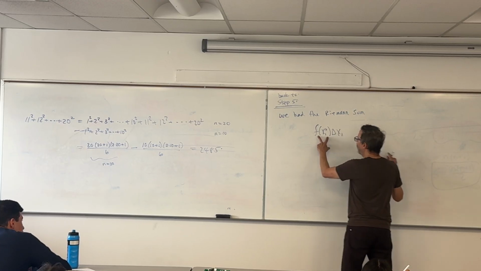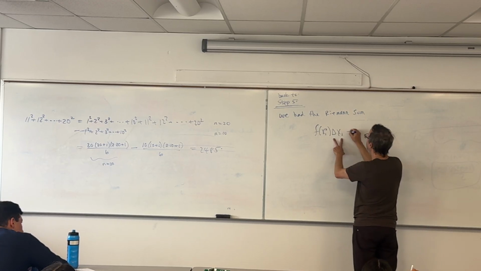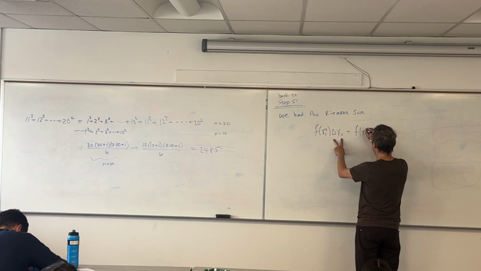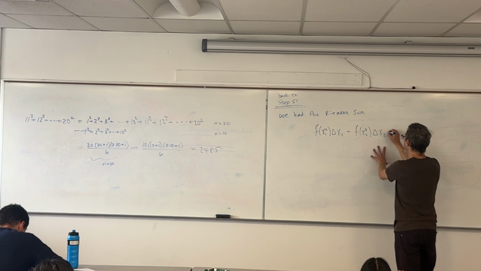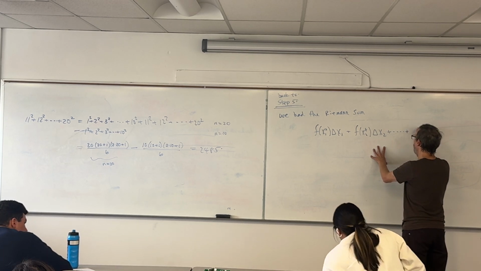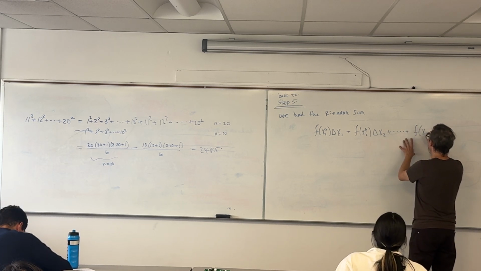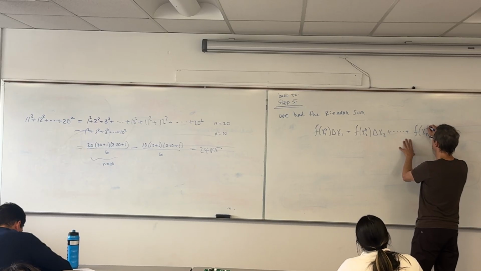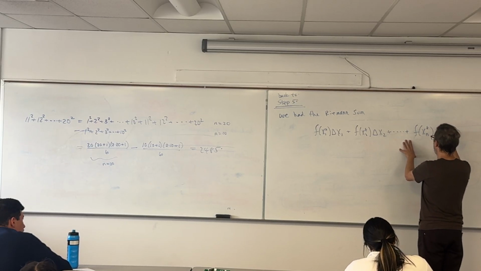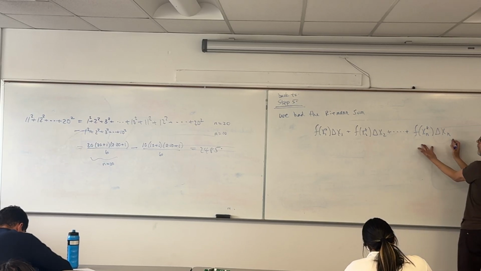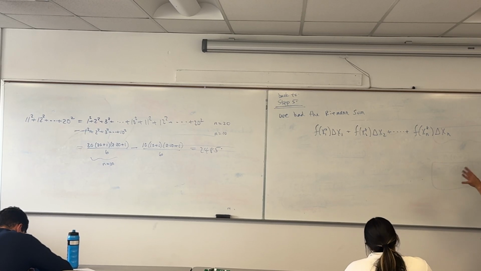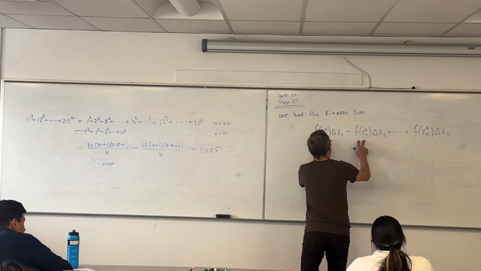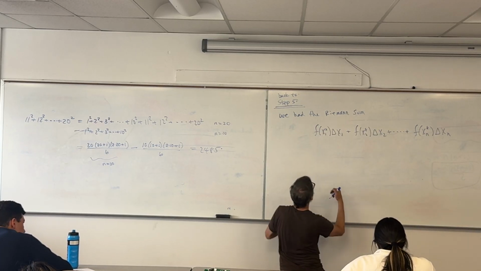That's height times base, plus height at the second point times the base of the second rectangle, plus all the way up to f at x sub n star delta x sub n. This is the nth rectangle. These are just areas we're adding up. Signed areas. They could be negative. If f is negative, the area is negative.